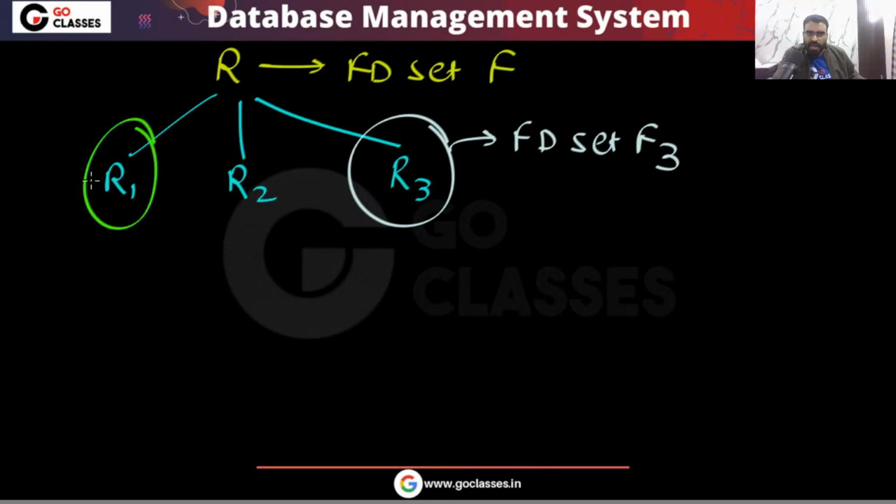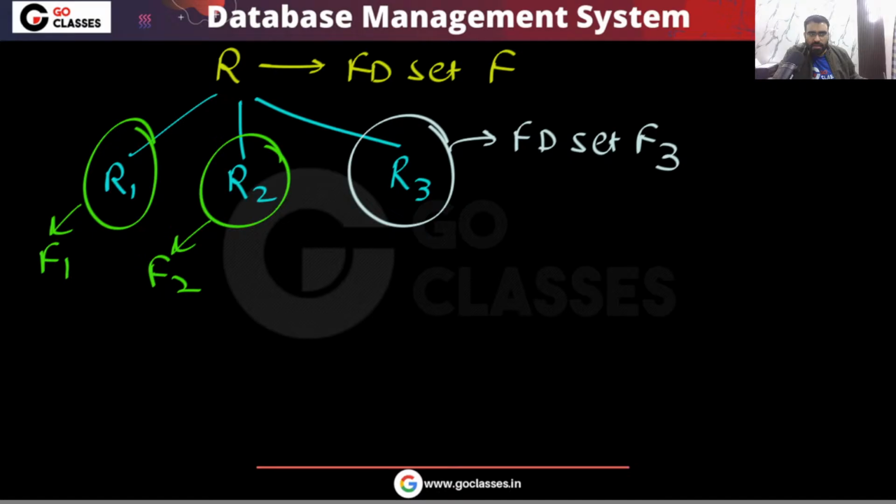Similarly, R1 also has some functional dependencies that hold on the attributes of R1. Let me call that F1. Similarly, R2 also has some set of functional dependencies that hold among the attributes of R2. Let me call it F2. Very simple point.